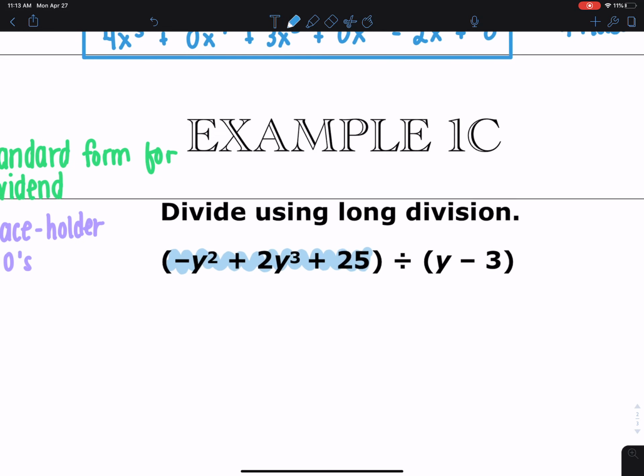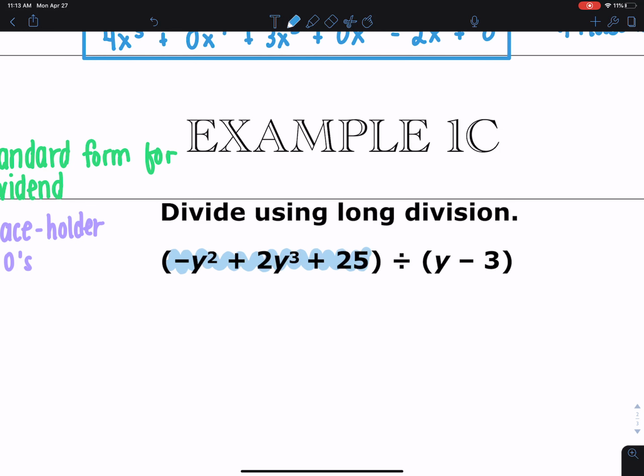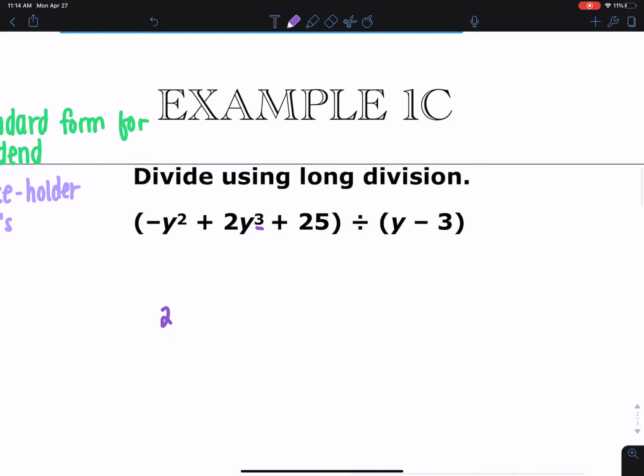It's not when you're rewriting polynomials in standard form. Okay, so back to 1C then. So if we look at our dividend, our highest exponent is 3. So that's going to be our first term. 2y to the third. And we do have a y squared term, so I'm going to put a 1 there just so we don't forget. So minus 1y squared. We don't have a y term, so there's our placeholder.